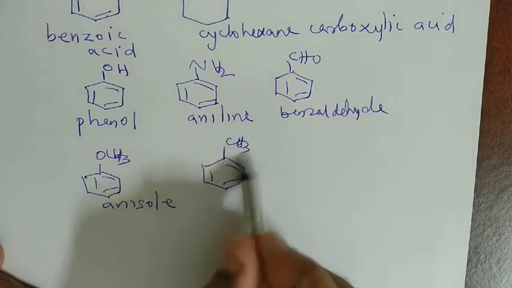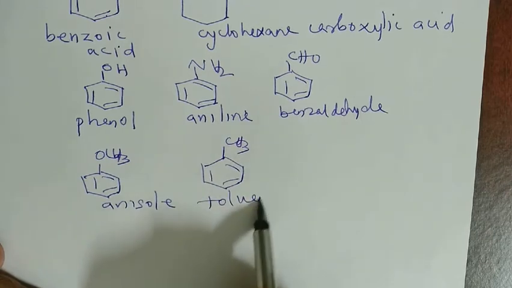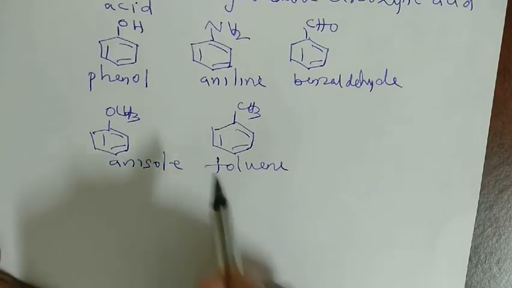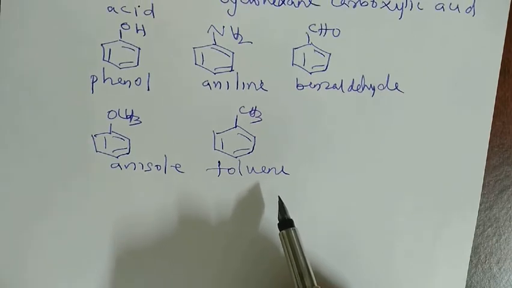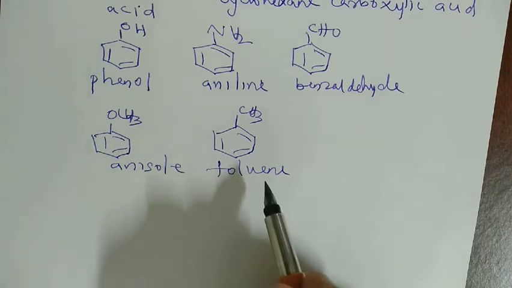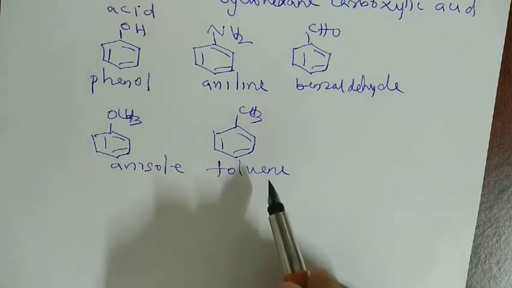This compound is toluene. These names are common names, but they are accepted in IUPAC and hence they are used during the nomenclature of aromatic compounds.